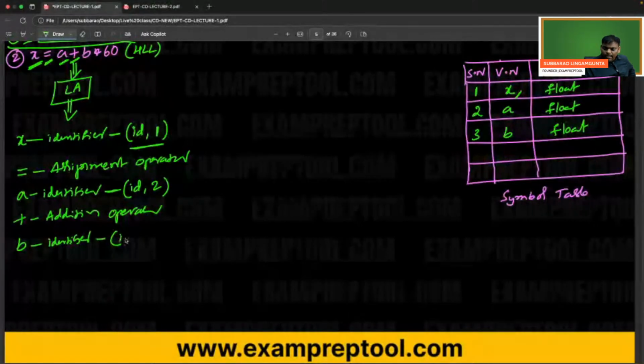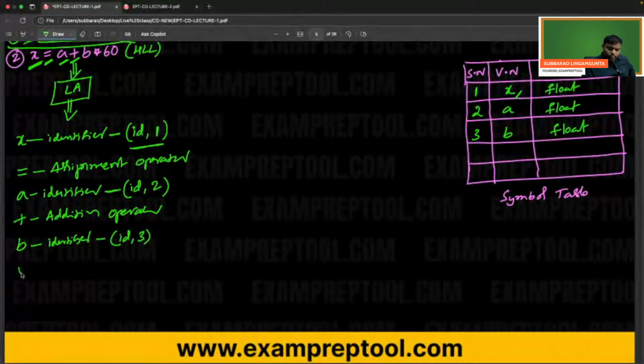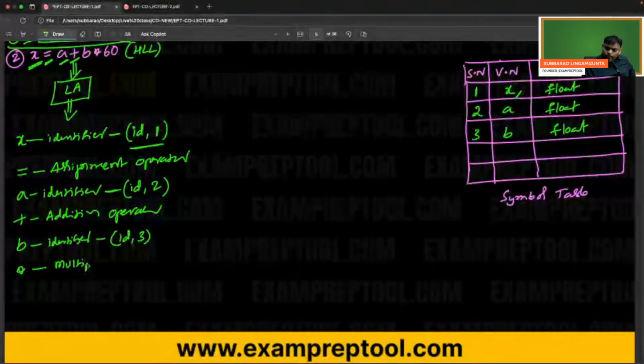Okay, it is an identifier, symbol table third row, it is available. B identifier, ID 3. That is also okay. Let's go to star. It is a multiplication operator.